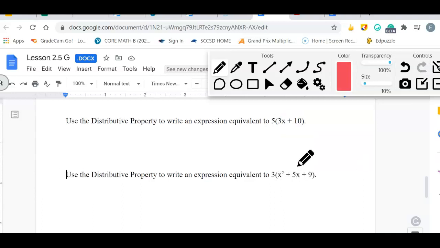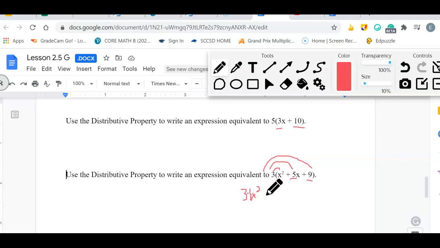Instead of like up here in this problem, there were 2 different terms inside the parentheses. This one has 3 terms inside the parentheses. So that means we distribute the 3 to the x squared, to the 5x, and to the 9. So we're going to have 3 times x squared. If you want to put a 1 in front of that x, you can.